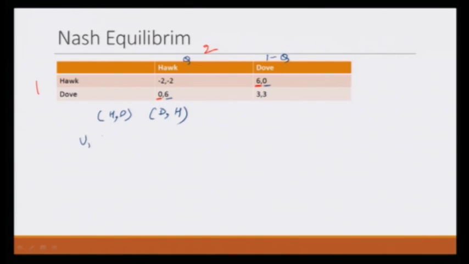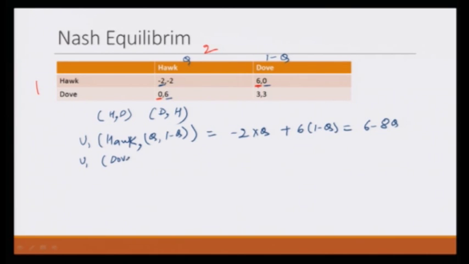Player 1 is playing hawk and player 2 is playing a mix of Q, 1 minus Q. In this case, it's going to be minus 2 multiplied by Q plus 6 multiplied by 1 minus Q. And we get 6 minus 8Q. Similarly, what would be the payoff of player 1 from dove?